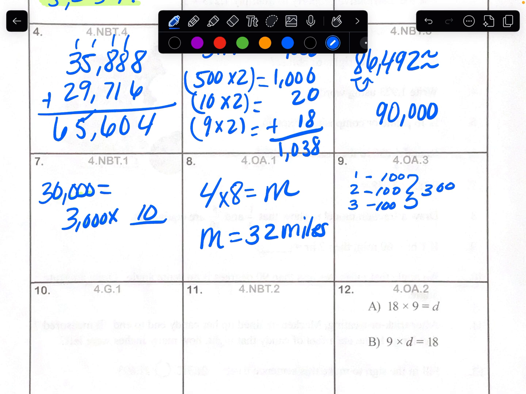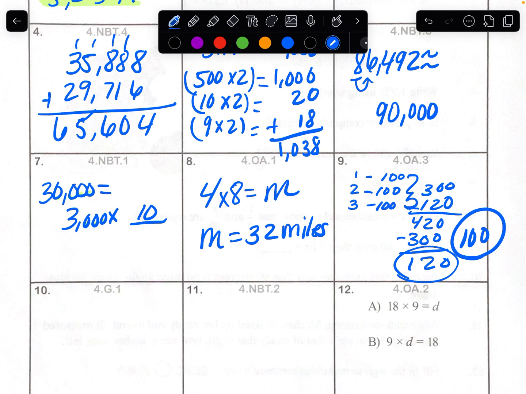Okay, in the 4th week, she baked 120. So that's going to give us roughly 420. Okay, if they bought 300 pies, we have to subtract off 300 to get a rough estimate, and it's 120, so about 100 pies did not sell.